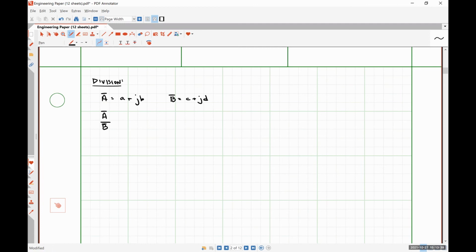So what I'm about to do here is going to seem weird, but I'll explain it as I'm doing it. If I want to divide rectangular form complex numbers, I'm going to multiply by the complex conjugate of the denominator over the complex conjugate of the denominator. So I'll have B conjugate here divided by B conjugate here.